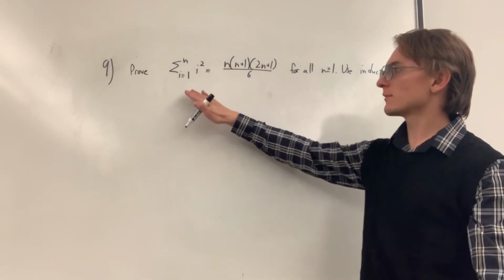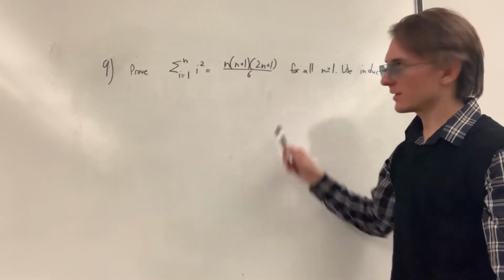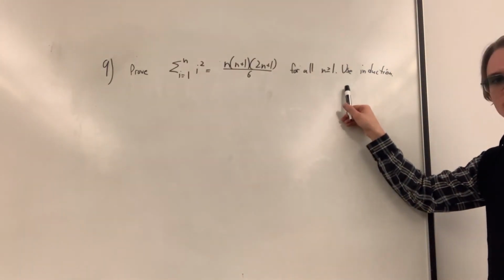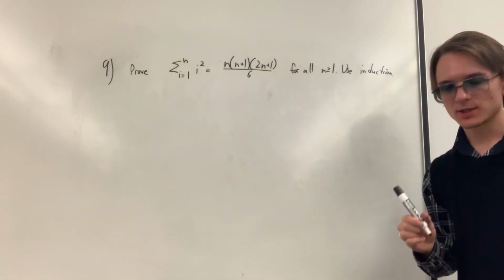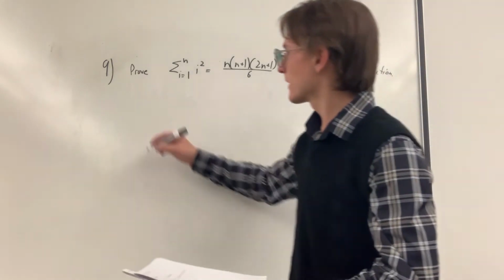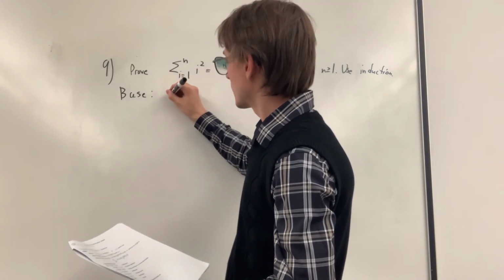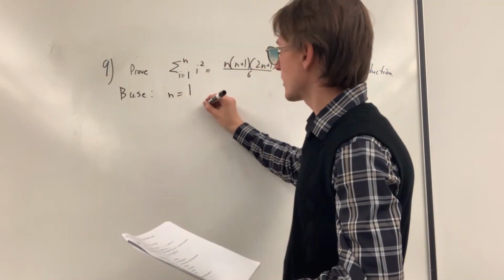Prove that the sum from i equals 1 to n of i squared is equal to the following formula for all n greater than or equal to 1, and we have to use induction. So this one's very complicated, but I will go one step at a time. We have the base case. In other words, when n is equal to 1, we have the following.